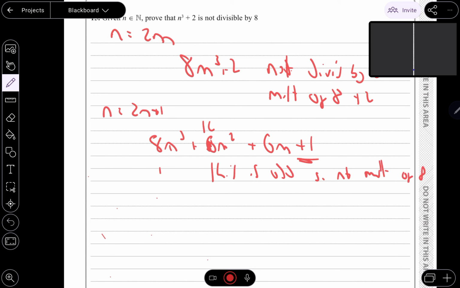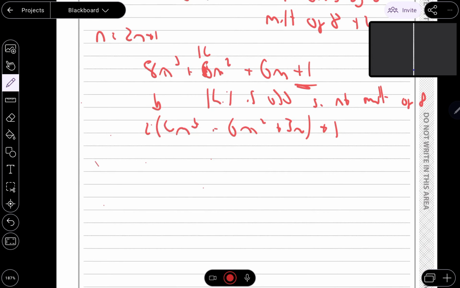I guess we could write this as 2 into 4m cubed plus 6m squared plus 3m plus 1. So not a multiple of 8 for n odd or even. That should hopefully be 4 marks.